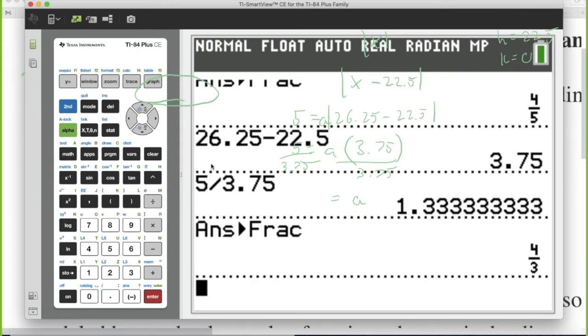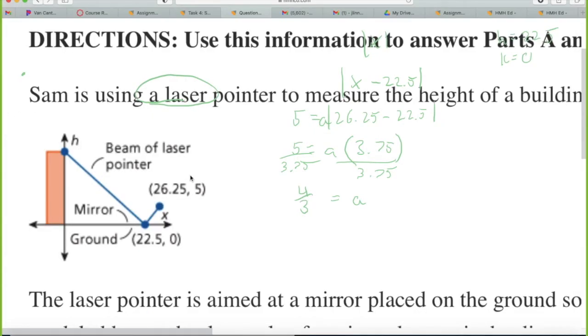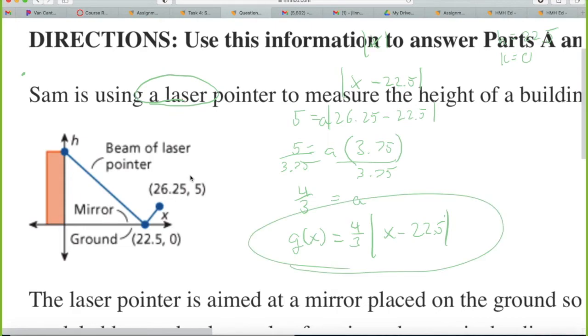But just so you can see how to do it on the calculator, and I never trust myself, I just shove it back in there. So A is equal to 4/3. So our total final equation is g of x, or whatever it is that they're using, is equal to 4/3 absolute value of x minus 22.5. Whee!